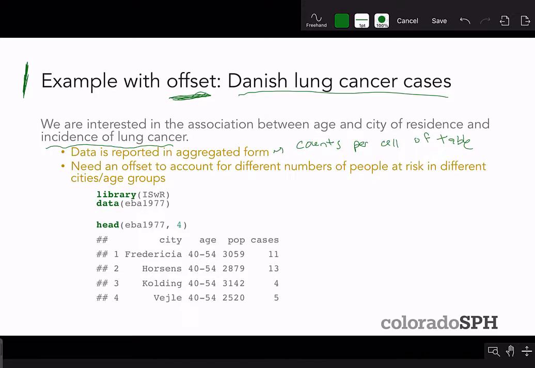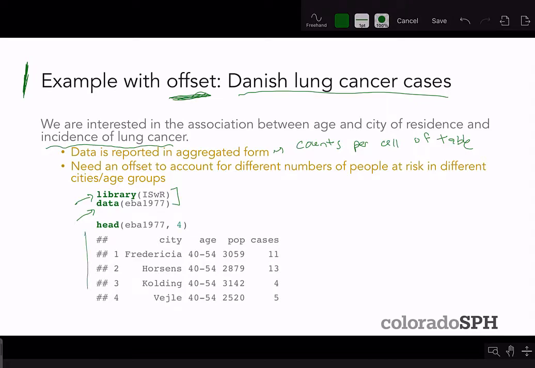And we need an offset to account for the different number of people at risk in different cities or age groups. This data comes from the ISwR package and the name of the data set is eba1977. So this is how you will load that data into R.